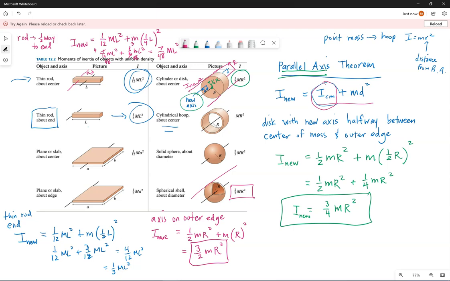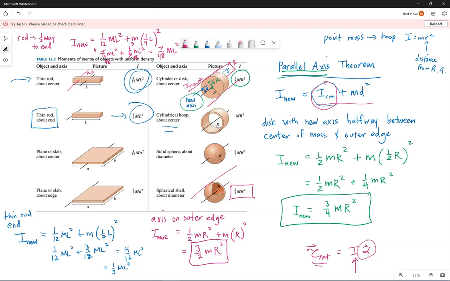So to oppose rotation, or to be able to cause rotation, relating that back to a net torque, this rotational inertia or moment of inertia is an important piece of determining the angular acceleration, the rate at which whatever object happens to be rotating is going to rotate given the torque acting on it.